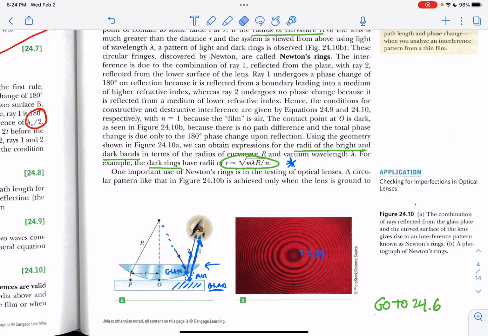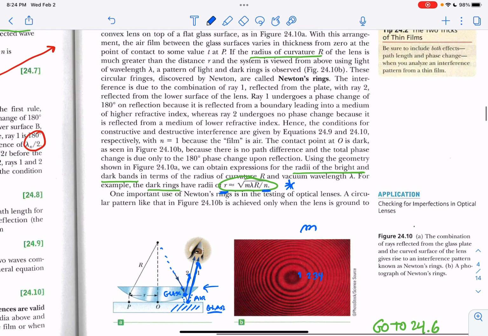This is for m. And n, of course, is the index of refraction of the glass. r is going to be your radius. And capital R up here is the radius of curvature of this lens.